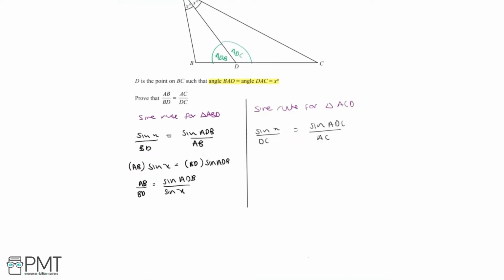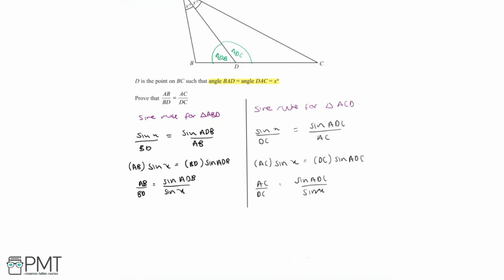And doing the same thing as before, we can cross multiply to find AC sine x is equal to DC sine ADC. And to get AC over DC, we can divide both sides by DC and then divide both sides by sine x, which will leave us with AC over DC is equal to sine ADC over sine x.